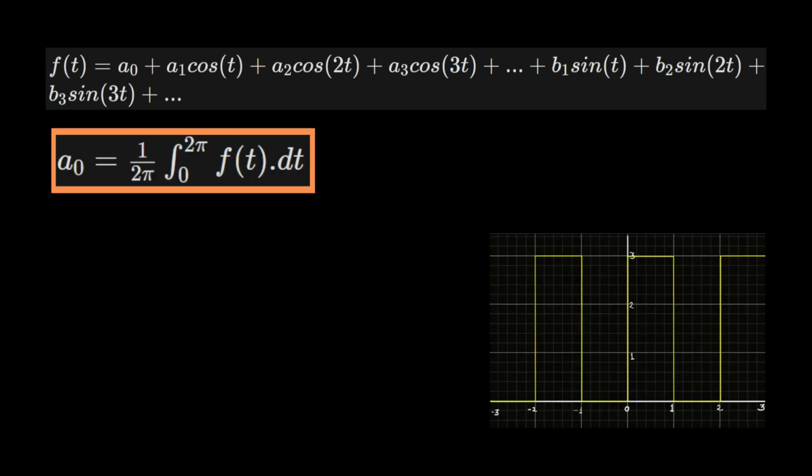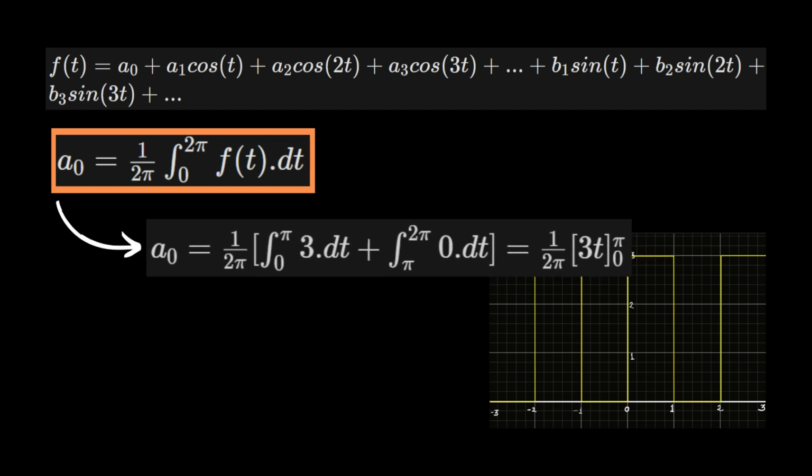Let us find a0 first. We can break the integration part from 0 to 2 pi into 0 to pi and then pi to 2 pi, and integrate separately over these two intervals. In the graph, we see that from 0 to 1, y is equal to 3. Let us assume the graph to have pi interval on its x-axis.